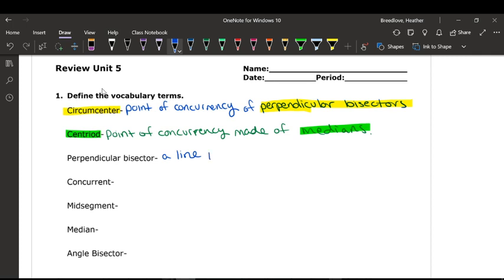A line that is perpendicular, and remember, perpendicular means it meets at 90 degrees, has an angle of 90 degrees, perpendicular to a segment at its midpoint.